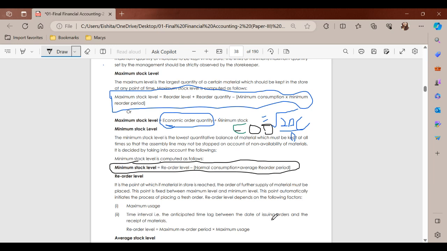Maximum level, now हमने किया minimum stock level. Has the problem, which problem? Which formula? This formula has the problem.